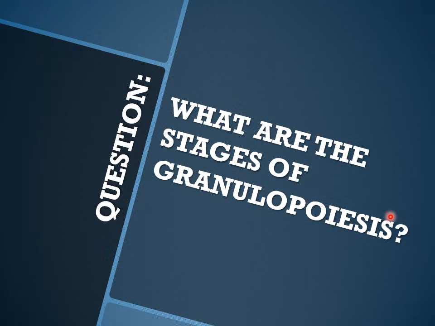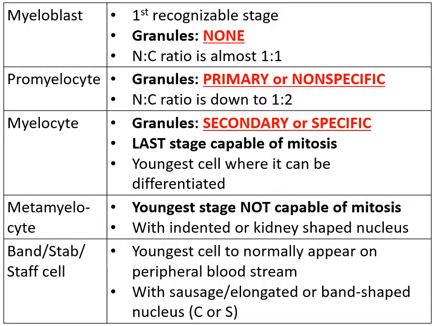Okay, let's proceed with the stages of your granulocytes or tinatawag natin granulopoiesis. First stage, first recognizable is your myeloblast. Meron bang granules ang myeloblast? Wala pa. Okay? Promyelocyte naman, meron na bang granules?